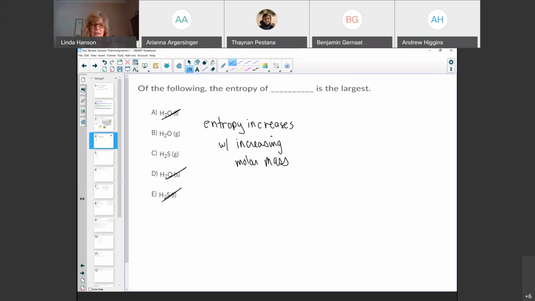The heaviest molecule will have the greatest entropy. And the reason is that the wiggling and waggling of those bonds increases with the heaviness of the atoms. So when I look at this, here we have a molar mass of 18 for water, and here we have a molar mass of 34 for hydrogen sulfide.